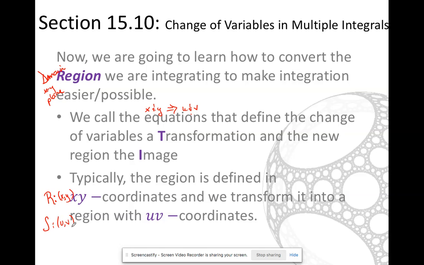But to go from xy to uv, there's a price to pay. What is that price to pay for going from the xy coordinate system to the uv, instead of going to the polar system or the cylindrical system or the spherical system? What's the price we have to pay going to the uv system?